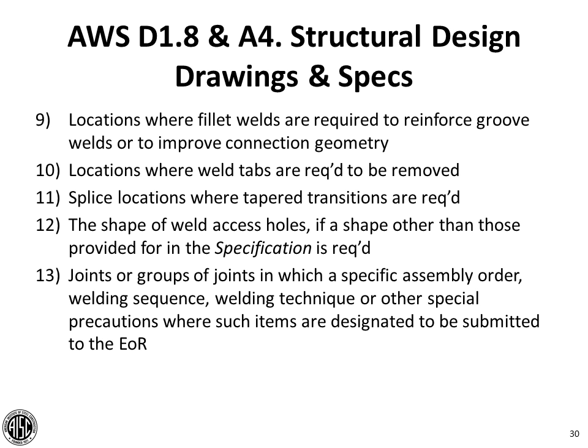So it says that the engineer needs to show joints or groups of joints in which the specific assembly order, welding sequence, welding technique, or other special precautions should be designated and submitted to the engineer of record. One thing I've seen is that some jurisdictions have gotten very deep into what they're requiring in terms of welding, so requiring certain processes, certain sequence of welding, that sort of thing on some of the joints.